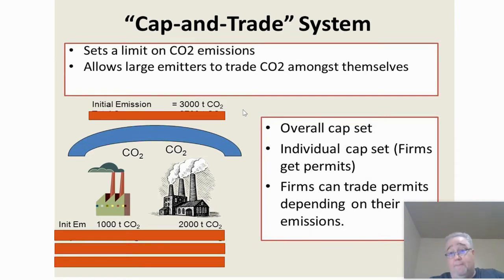That's combined together. You'll notice that one of the factories is a little bit smaller than the other one. So let's just say that the factory on the left produces 1,000 tons of carbon dioxide, and the factory on the right produces 2,000 tons. But again, collectively, they produce 3,000.